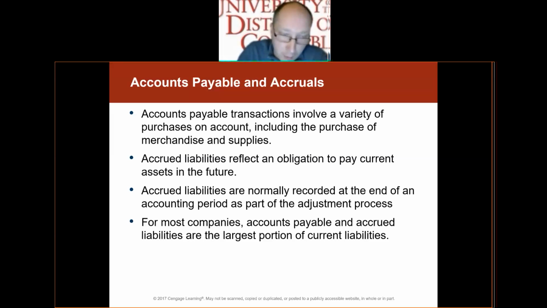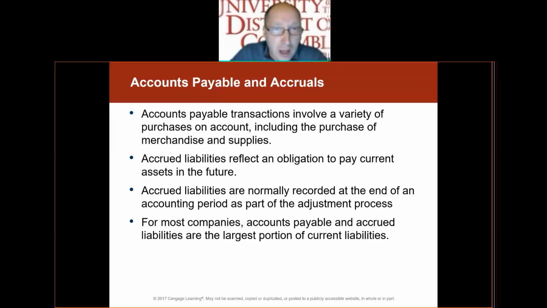Of course, we debit whatever it is, whether it's inventory or supplies or some other expense. We debit the expense and we credit accounts payable to record the payable. It is a short-term liability, right? You all know what accounts payable is. We've been talking about that for the past 8 chapters, right?